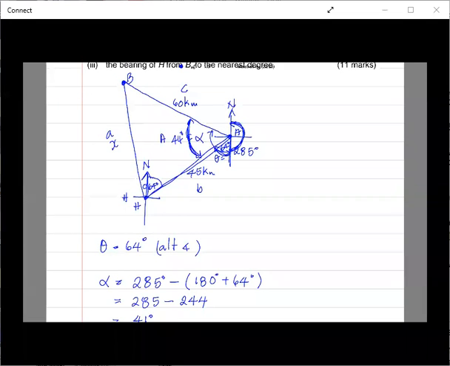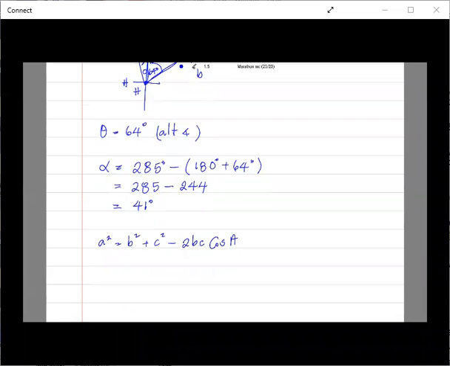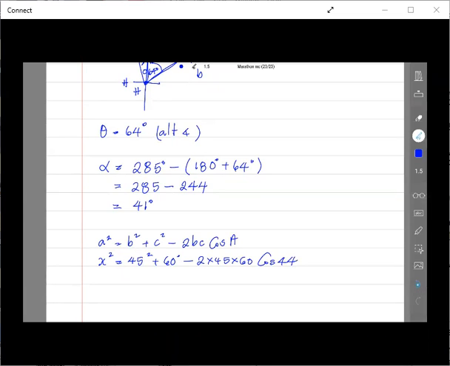So let's put that information into the formula. a is X, b and c are 45 squared plus 60 squared minus 2 times 45 times 60, the cosine of the inclusive angle, which is 41 degrees, not 44, 41 degrees.